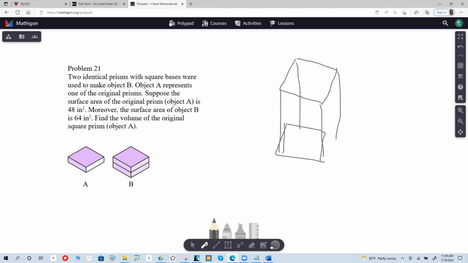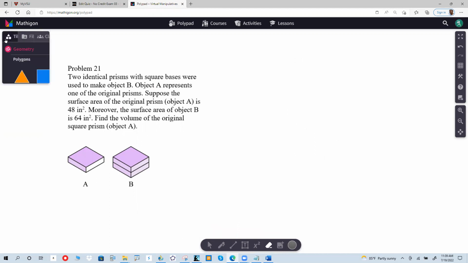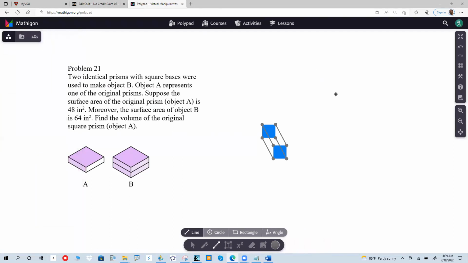Okay, my picture is not perfect, but let me try to do a little better job. Okay, I'm going to start with a square base. I'm going to take two of them, and if I connect the vertices like so, I'll get a prism. Okay, a shoebox is a prism, a cube is a prism.